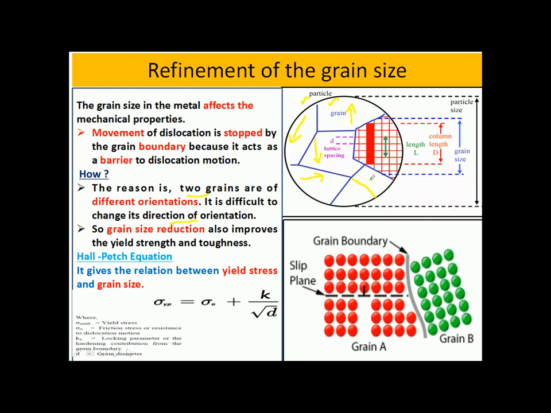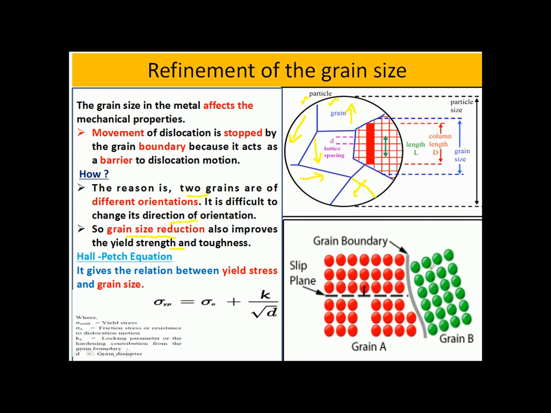The dislocations will not move from this point to this point, because the grain size is reduced. The dislocations will not cross over the grain boundary. So the grain size reduction also improves the strength of the material.